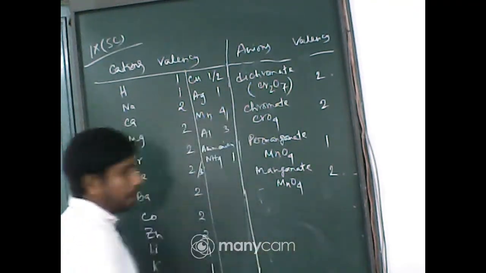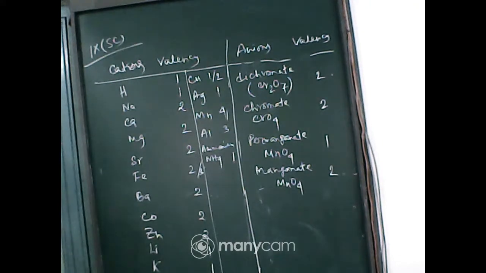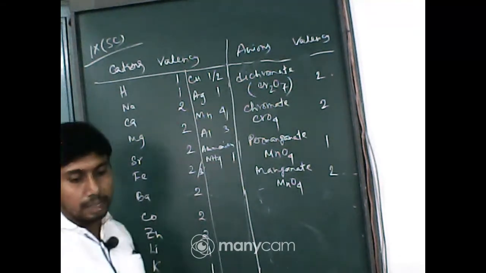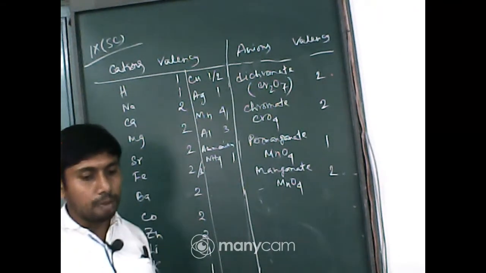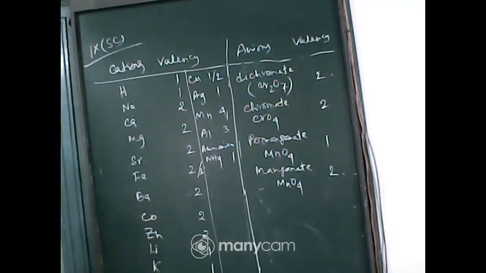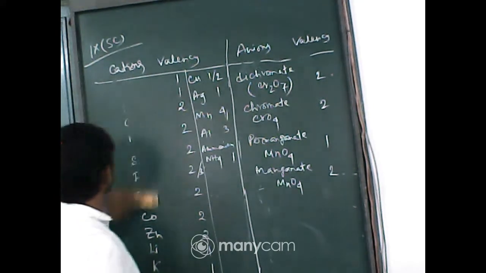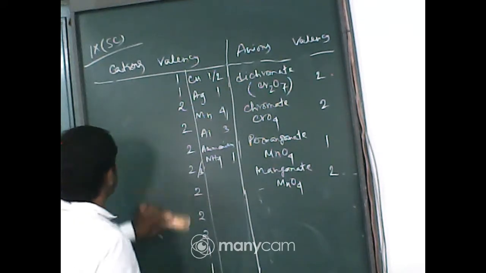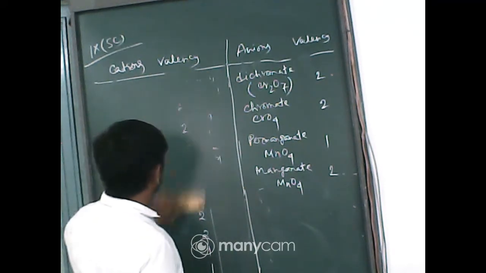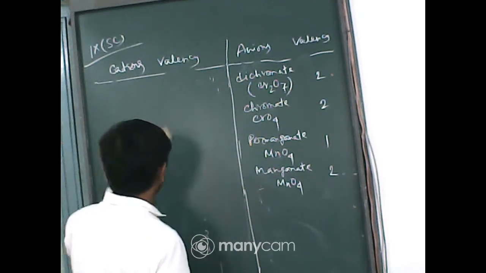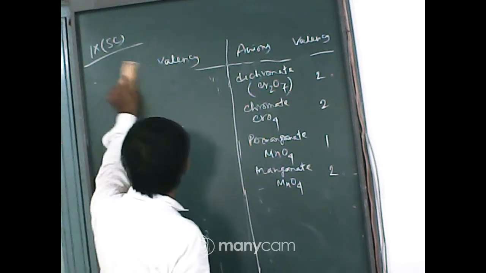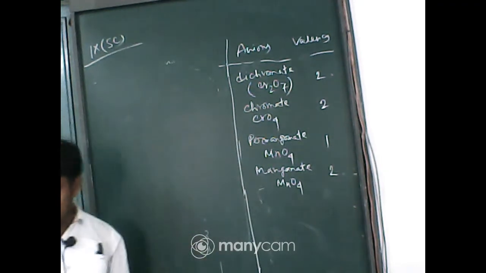Okay, if you have completed, then I will move to the structural representation of compounds one by one. I think the left column, the valency of cations, is already completed. I can rub this part. Okay, so let's start with one example from your NCERT textbook.